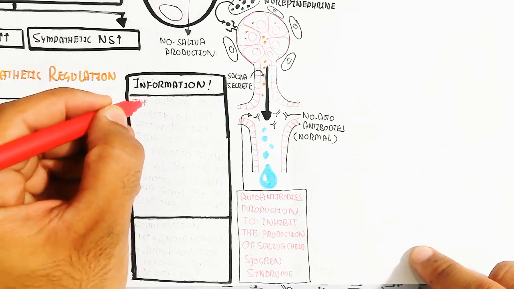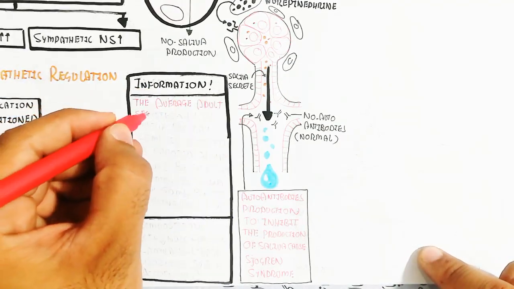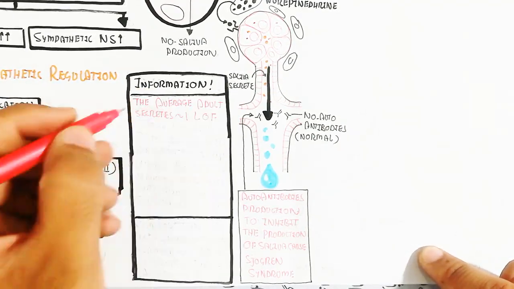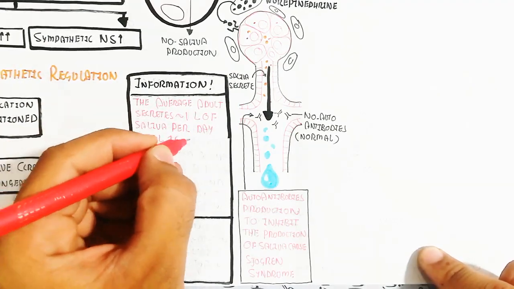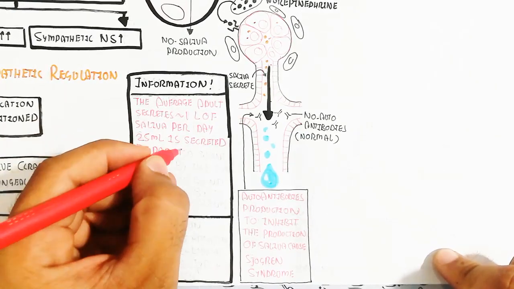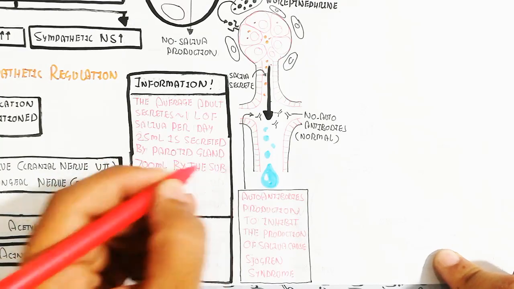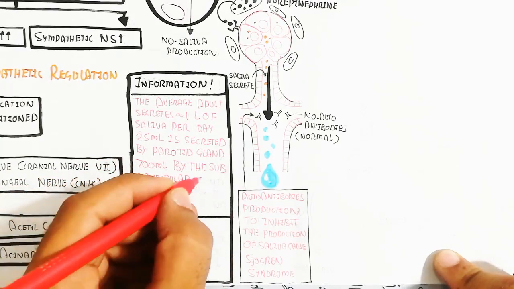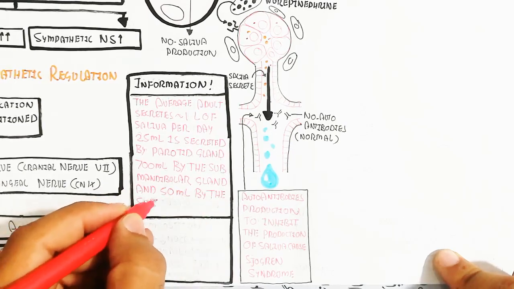Extra information: the average adult secretes 1 liter of saliva per day, and 250 ml is secreted by the parotid gland, 700 ml by the submandibular gland, and 50 ml by the sublingual gland.